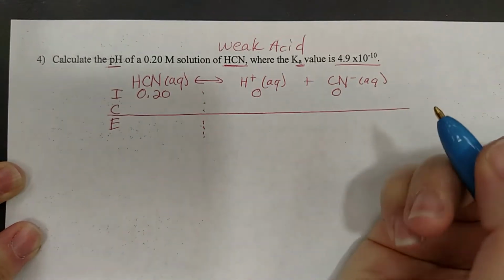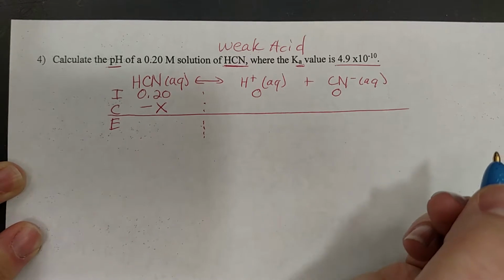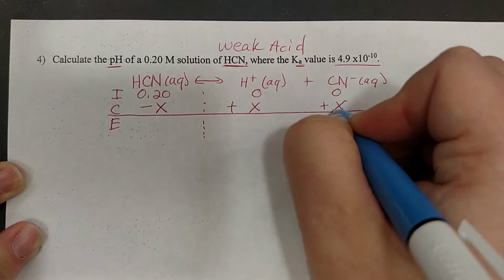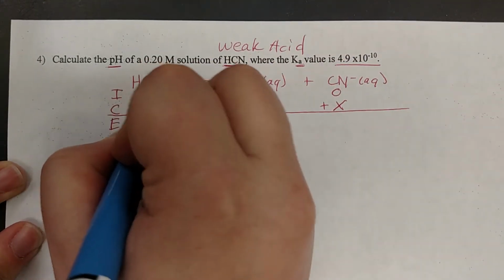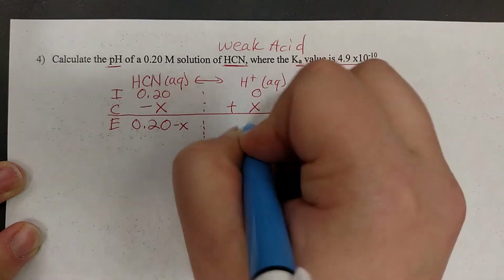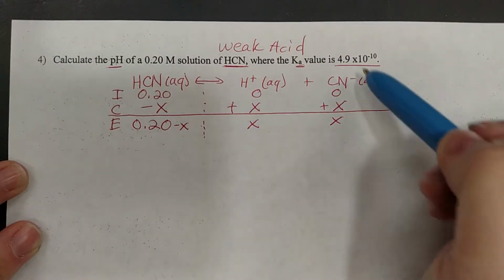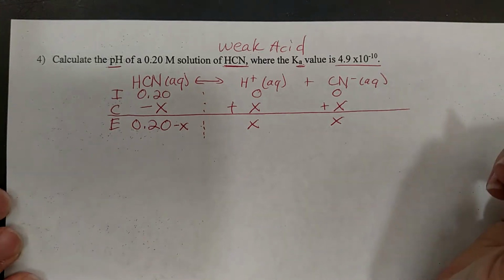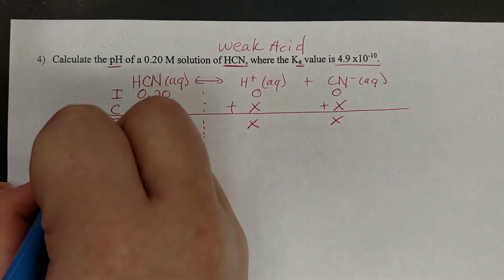So just like we did on the last one, we don't know how much is going away from this side, and we don't know how much is being added on the other side, so we're going to use x values. And we're going to go ahead and set up the rest of our ice table. So this becomes pretty standard. We get very similar ice tables on a lot of acid and base reactions.